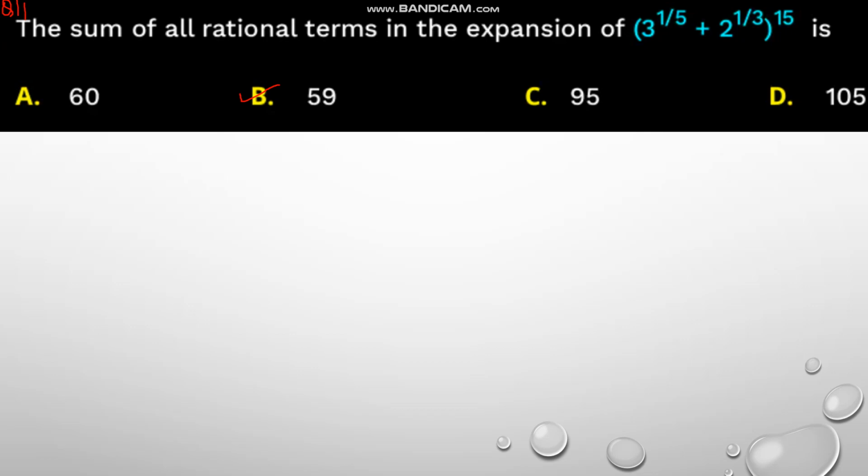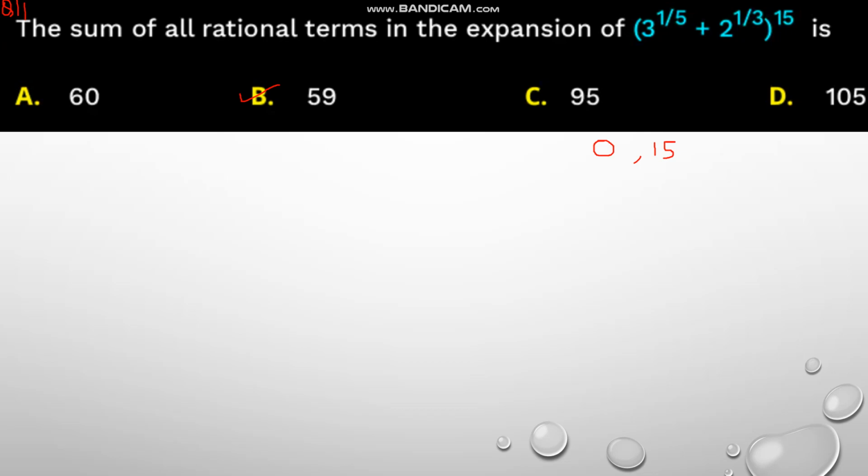So 0 and 15 are our main motive to find out, that is, the first term and the last term. These are the terms we need to think about.